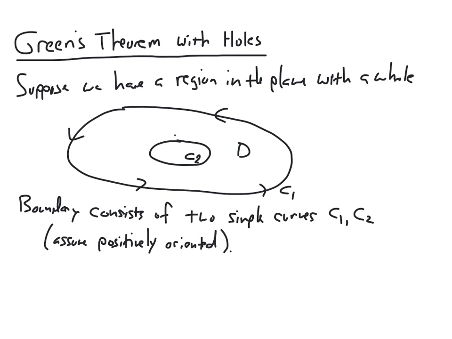You'd actually need to walk clockwise around this inside circle. So this is the one little thing we have to be careful of: we want the inside curve to go clockwise. That's what we mean by positively oriented for an interior curve.